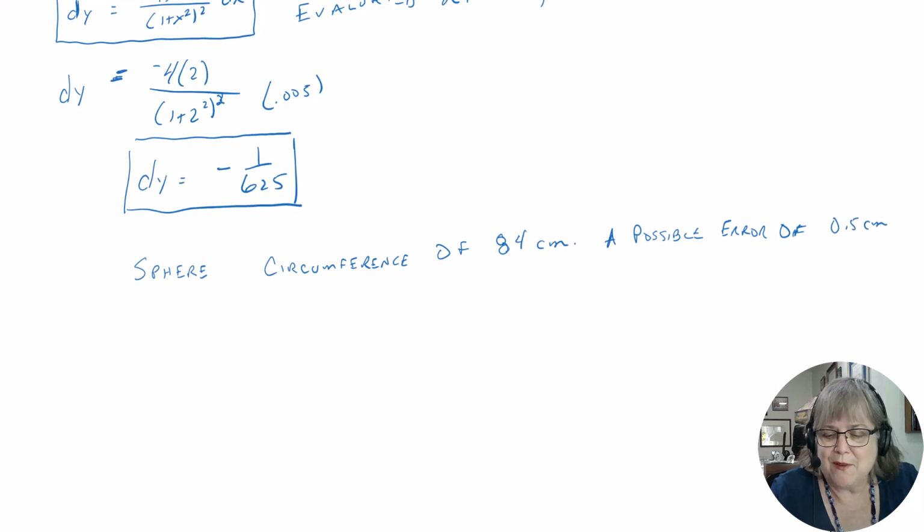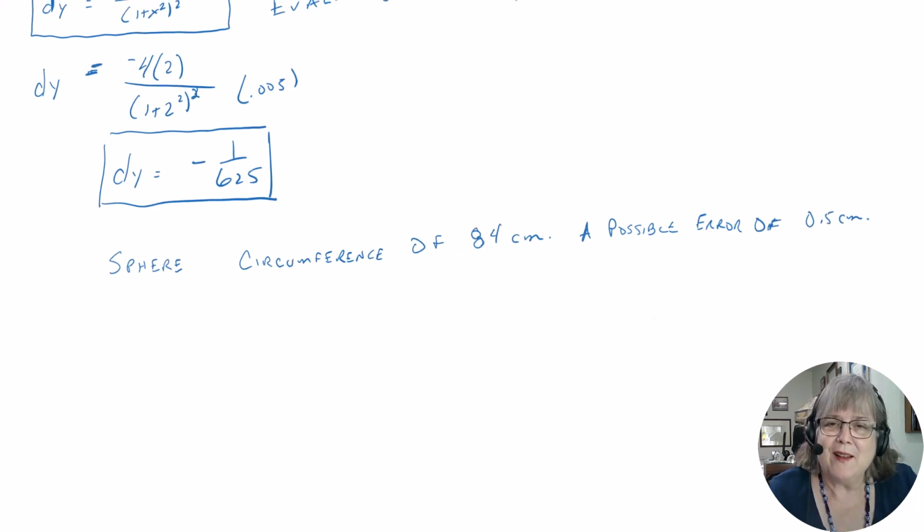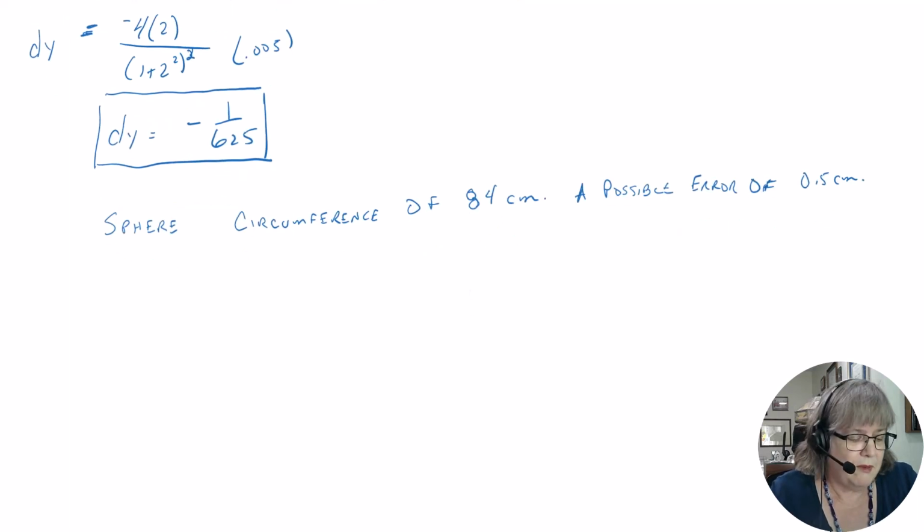I'm sure they could do it other ways, but you know what I'm trying to say. All right, so you have a sphere. Somebody measured the circumference. They think it's 84 centimeters. They could be off by as much as 0.5. Okay? All right. So the question says, let's say that they could possibly have a little bit of error. I mean, human error.